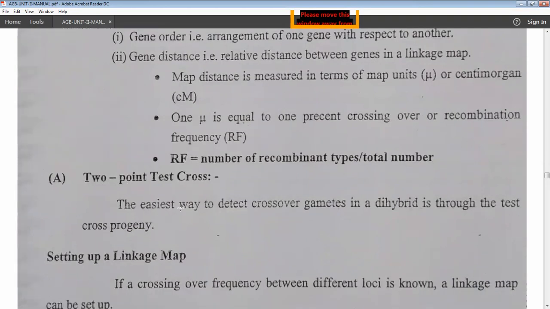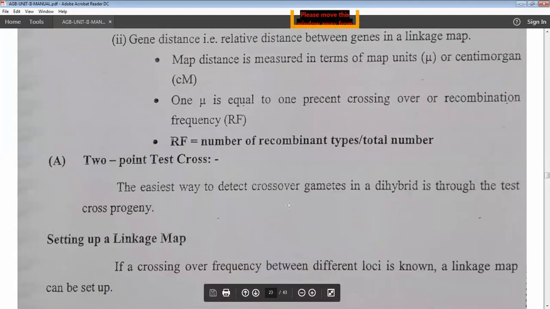Okay, 2-point test cross. The 2-point test cross is a very easy way to detect crossing over gametes in the dihybrid form. Sorry, from the 2-point test cross, we can easily calculate the crossing over between two characters.